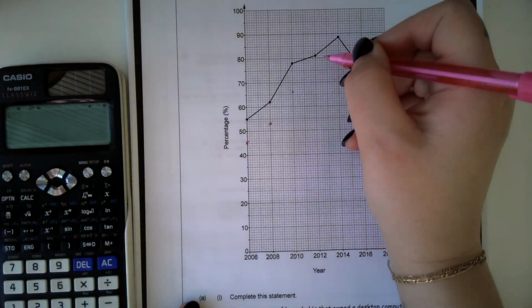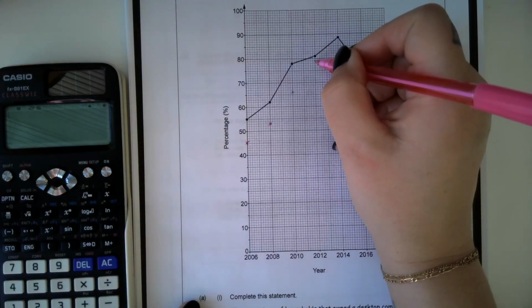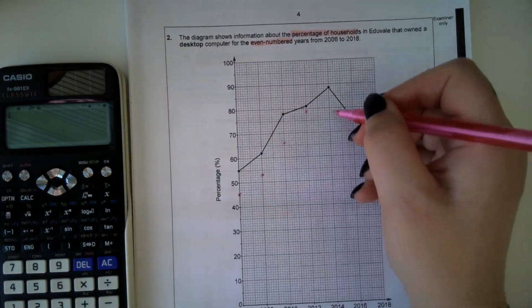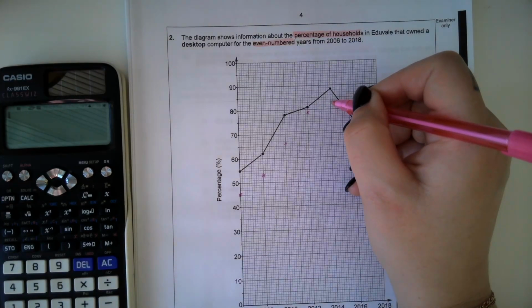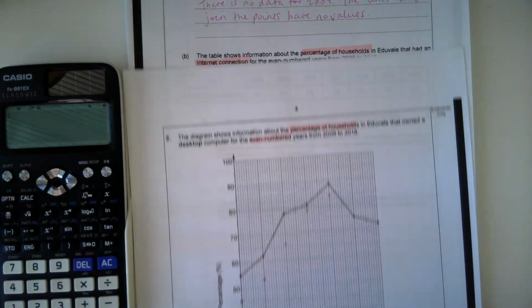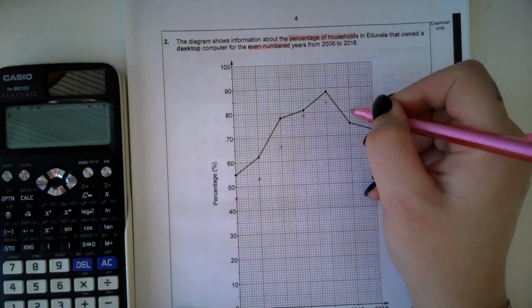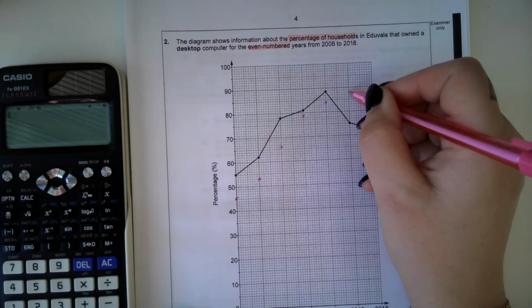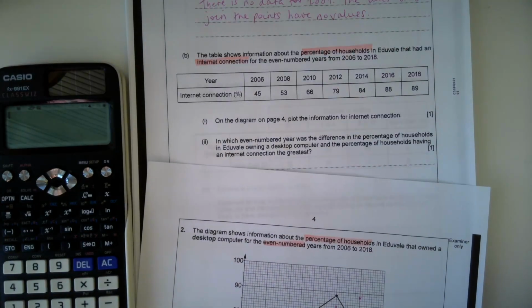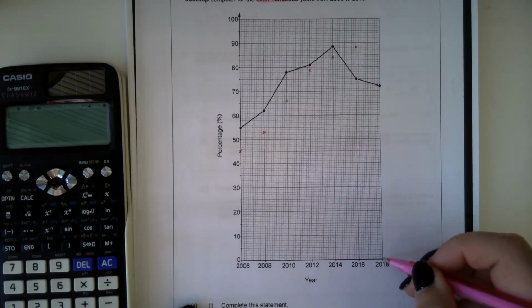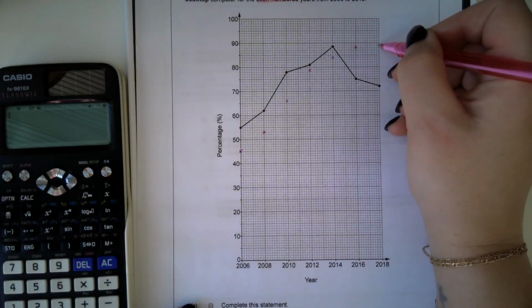So 2012, so 79 is there. 2014 to 84. 1, 2, 3, 4. 2016 to 88. 5, 6, 7, 8. And 2018 to 89. So 2018 up to 89.